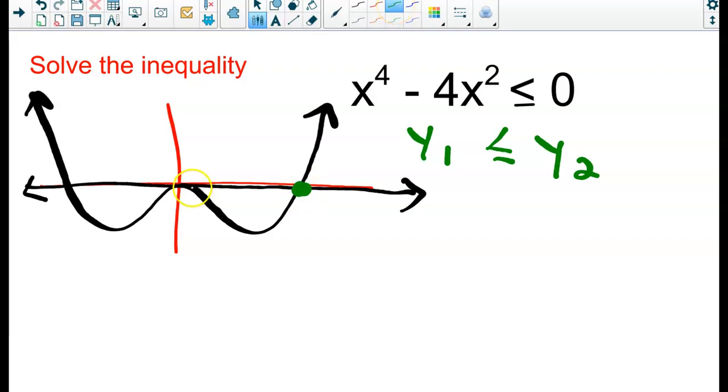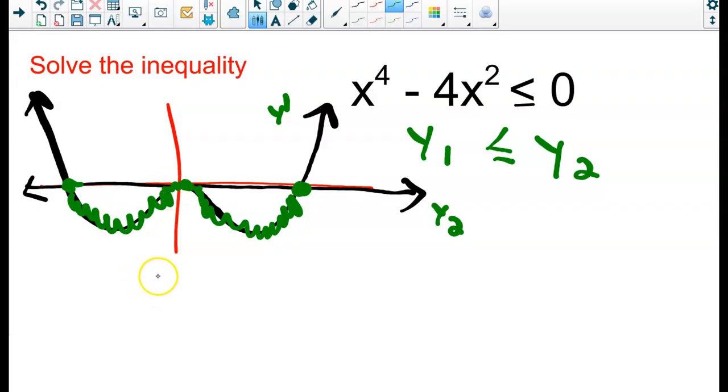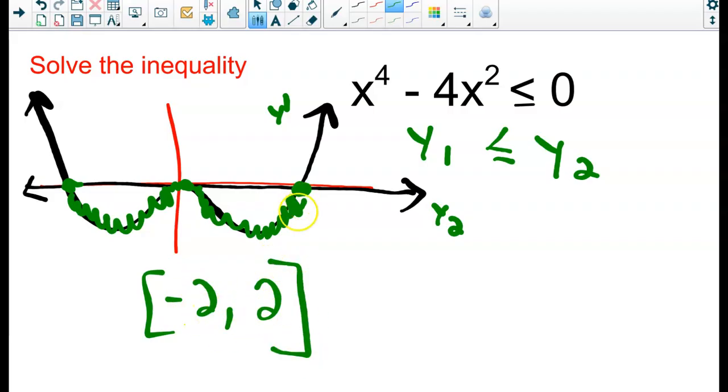So this is my y1, this is my y2, and I'm going to shade wherever my y1 is less than or equal to my y2, which is right there. If you zoom in, you can see this is just touching here. And so it's going to be from -2 to 2, because it's one region. It's going to go all the way, one solid line there.